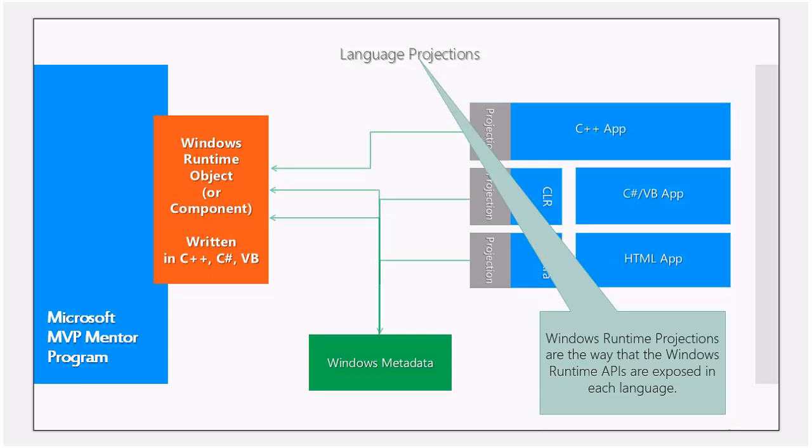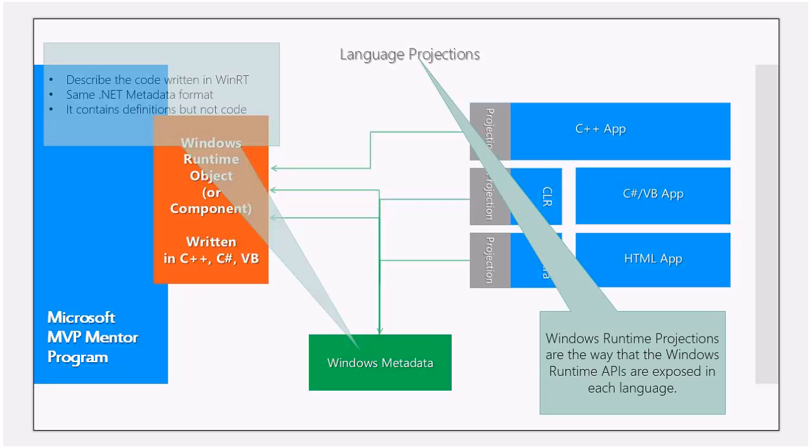If you declare a variable in JavaScript as an integer, or in C#, that will project as an integer, and it will be interpreted by WinRT as an integer. That's why you get to see this unification of data types.